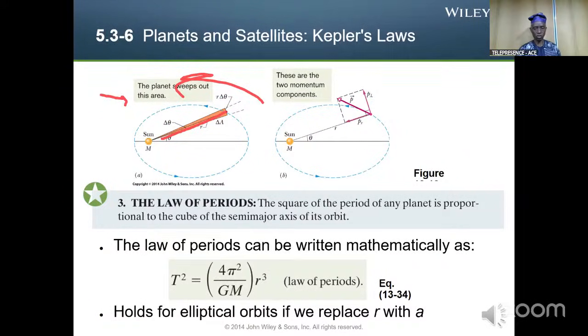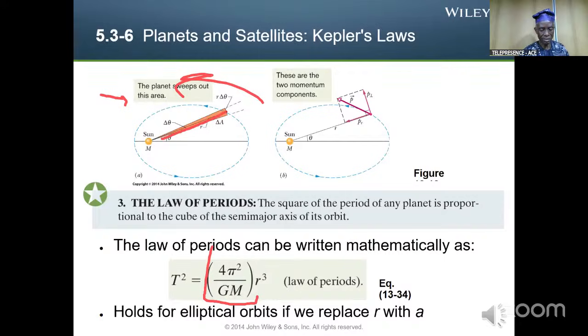And the last one, the third law, relates the period, which is the time taken to complete one orbit, to the distance, the semi-major axis. What we have here is for a circular orbit: T squared equals 4 pi squared over GM times R cubed, and all of that is a constant.